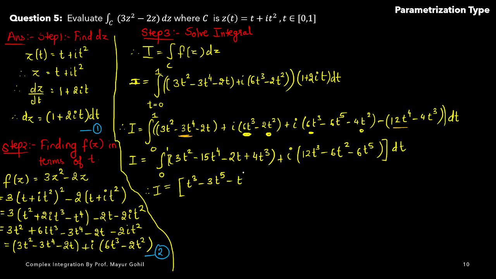Here it is t square. Here it is going to be t raised to 4, then plus i times, here it is going to be 4t raised to, no, not 4, it will be 3t raised to 4.